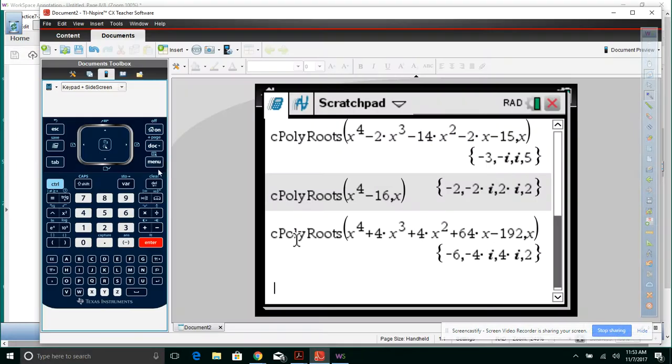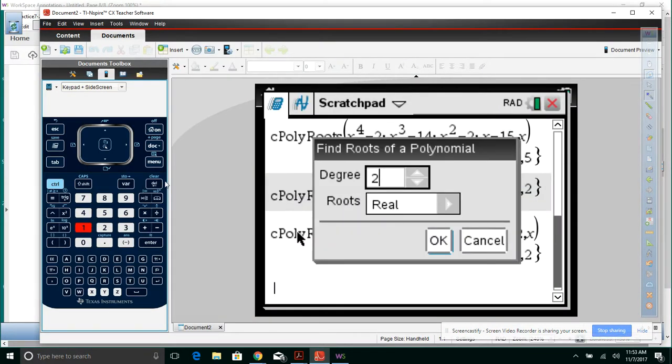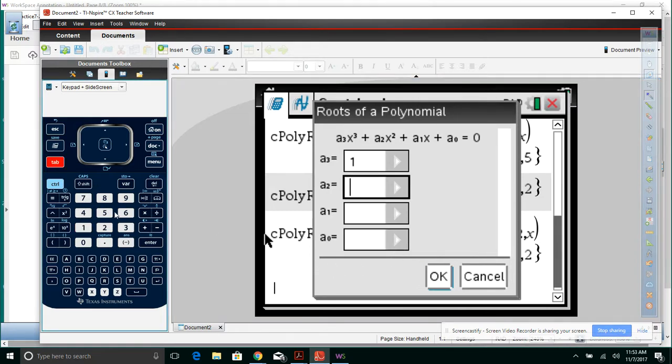All right. Let's try number 8. Menu 3 3 1. The degree is 3. Again, you want all the roots, so we're going to do the complex too. And you got 1 tab, 3 tab, 9 tab, and 27.